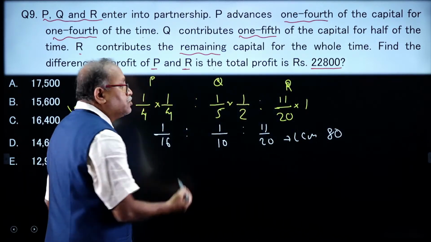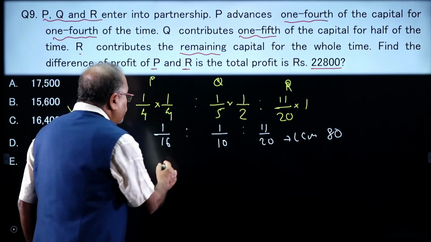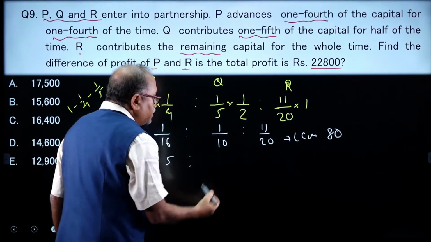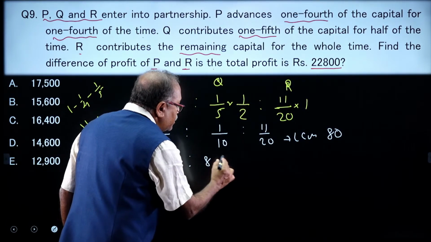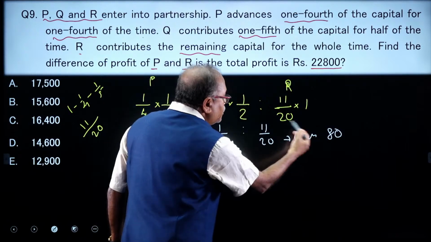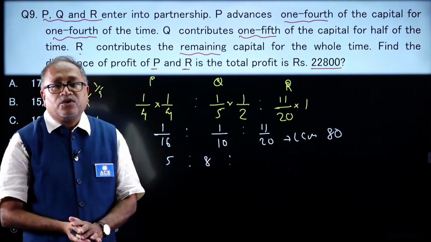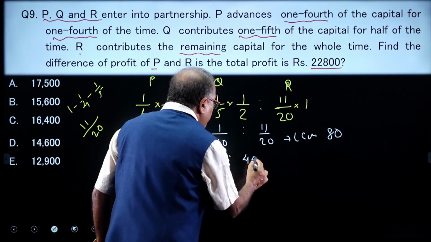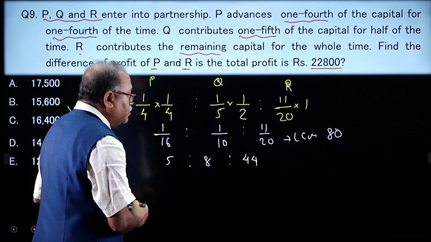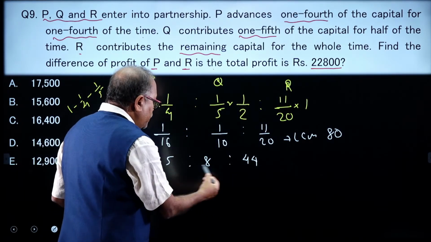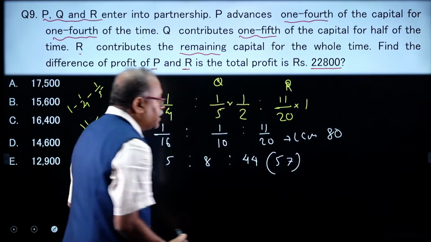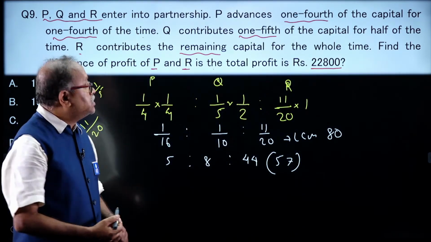So 80 into 1/16, you get 5 over here, and 80 into 1/10, you will be getting 8 over here, and 80 into 11/20, you will be getting 44 here. So the total parts, is it coming 57? The total parts is 57.